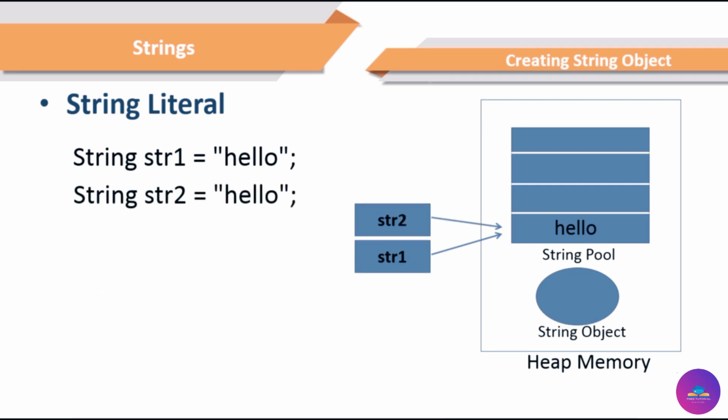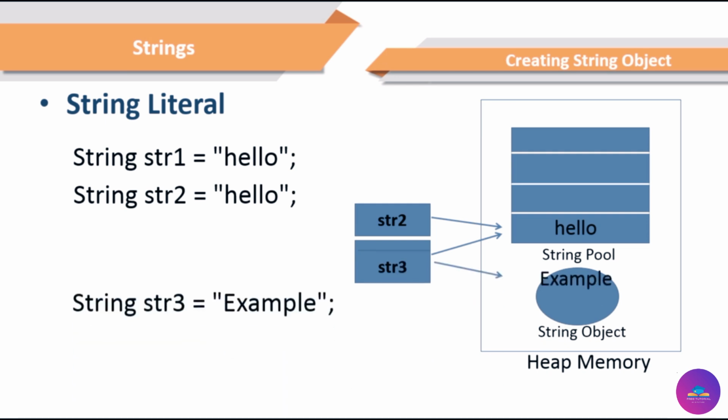On the second line, String str2 equals "hello". Here, a new string object in the string pool will not be created because the string pool already contains the same object with the string hello. So str2 refers to the same string object in the string pool.